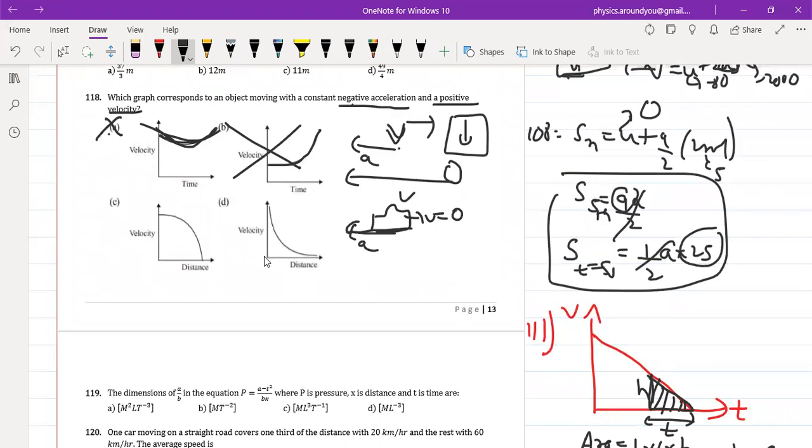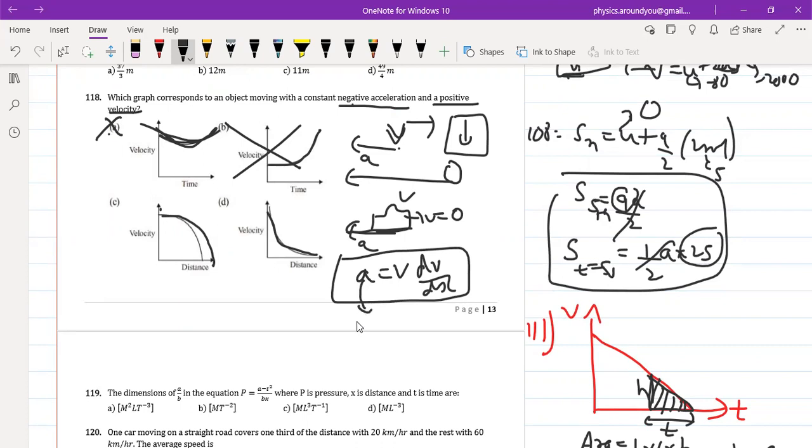Between C and D, how to eliminate? How to find velocity versus distance? In both cases, velocity is decreasing with respect to distance. Velocity is becoming less and less. We will now use a equal to v dv by dx. Acceleration has to be constant and negative. Velocity is continuously reducing.